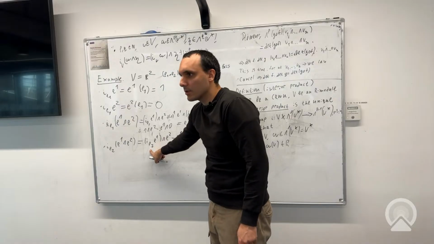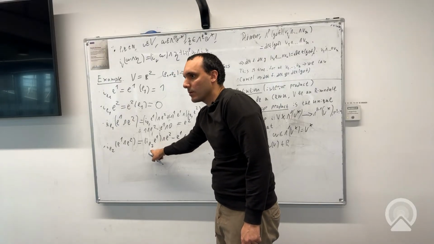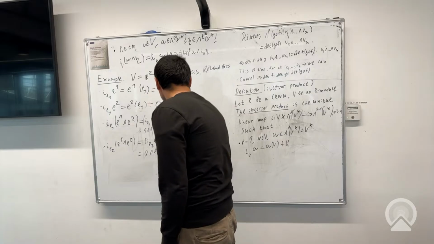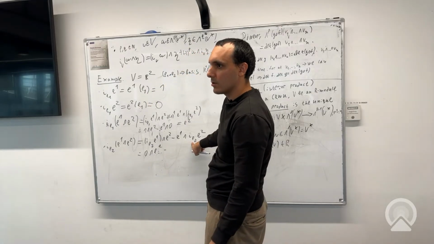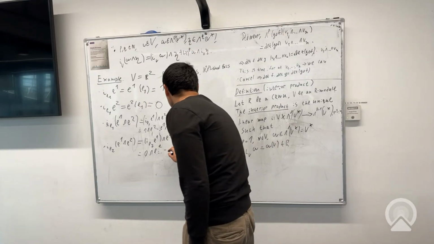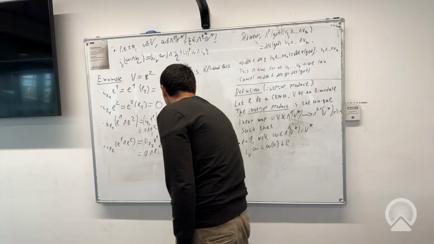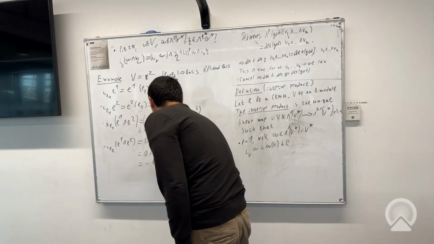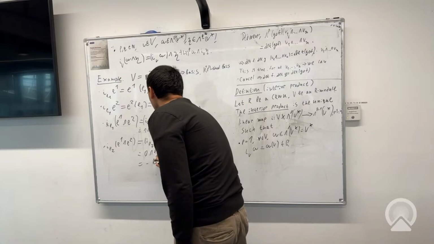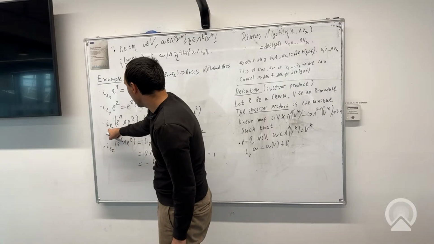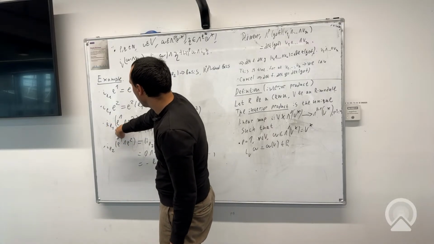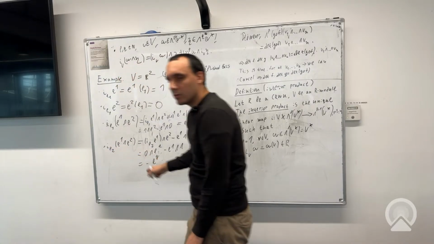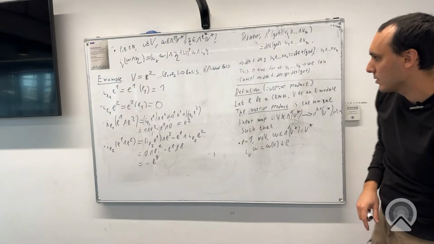How much is this? 0. So this is 0 times e2 minus, how much is this? Yes, this is minus e1 times 1, which is minus e1. So you see i of e1 of this element is plus e2, but when I apply e2 it is minus e1.